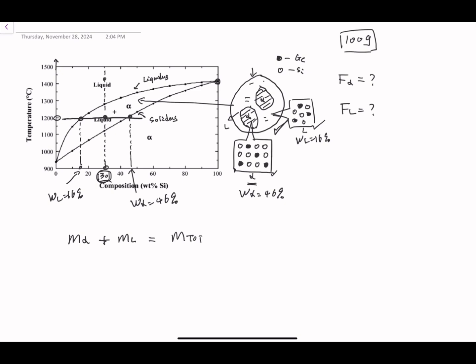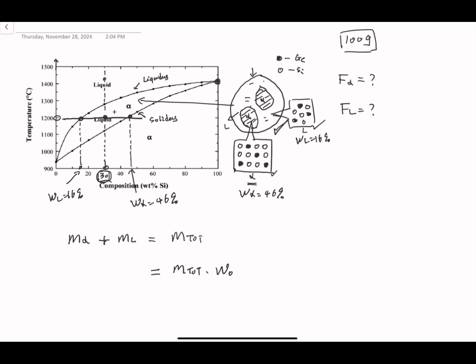We're not losing any silicon, we're not adding any silicon. So what is the total amount of silicon before the system separates into different phases? Originally the system is purely liquid, and the composition is 30%. I'm going to use this omega naught to denote the original composition of my system, before the phase separation.